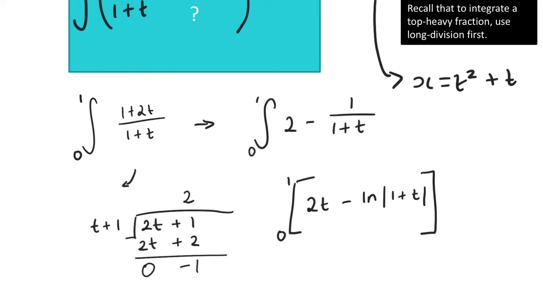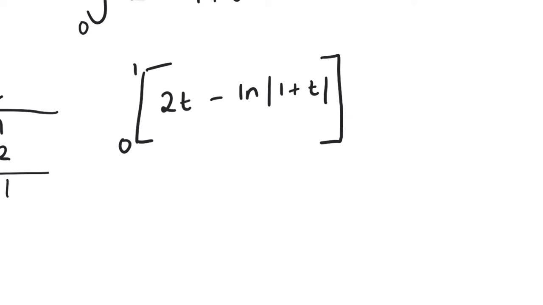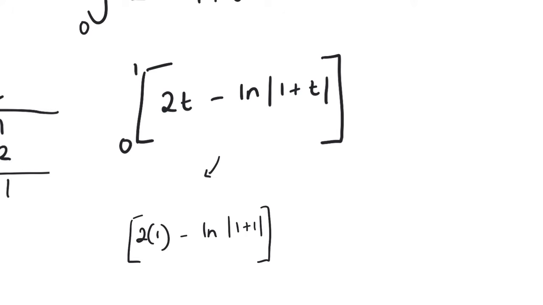So now, if I substitute in 1, I'm going to have 2 lots of 1 minus ln of 1 plus 1, minus 2 lots of 0 minus ln of 1 plus 0.